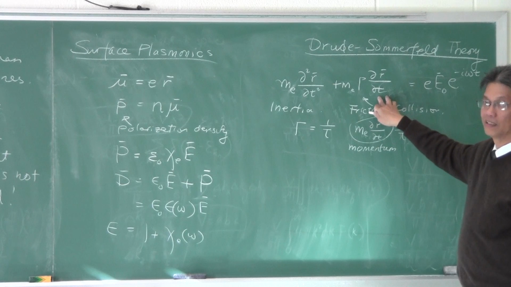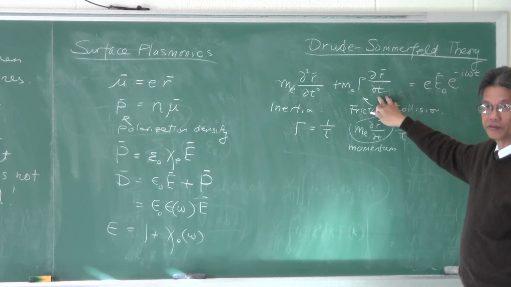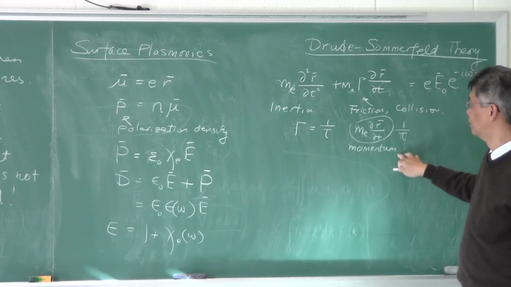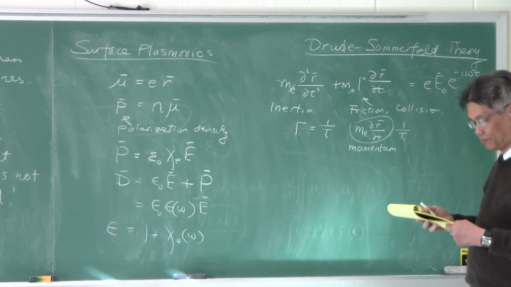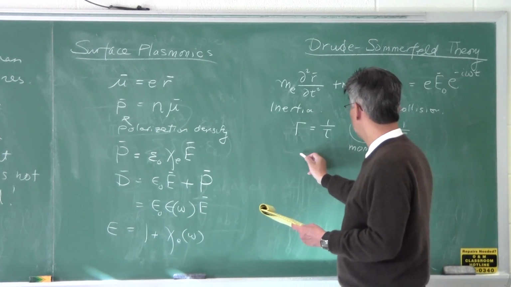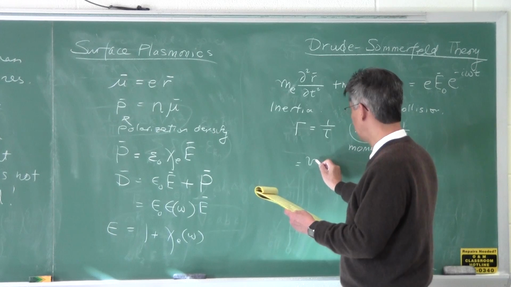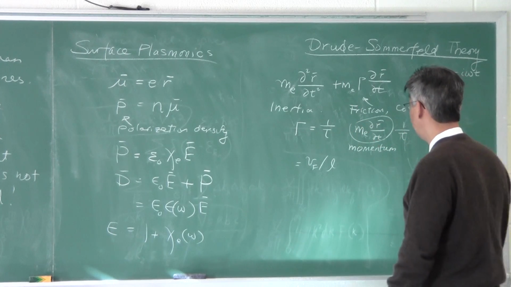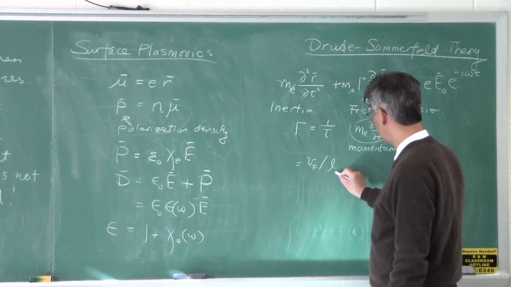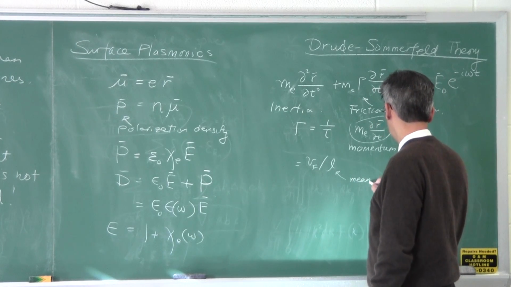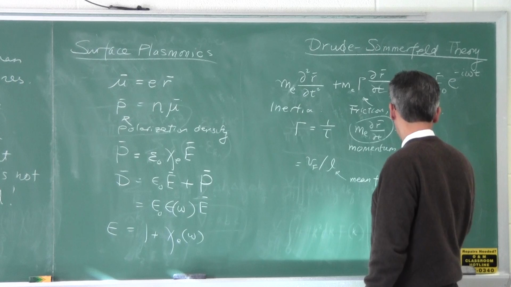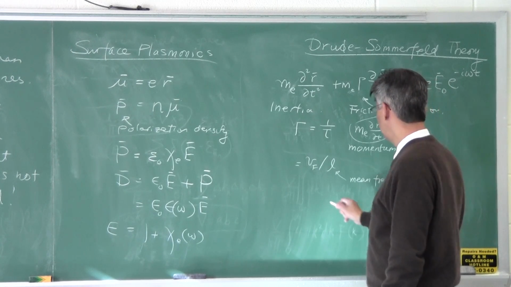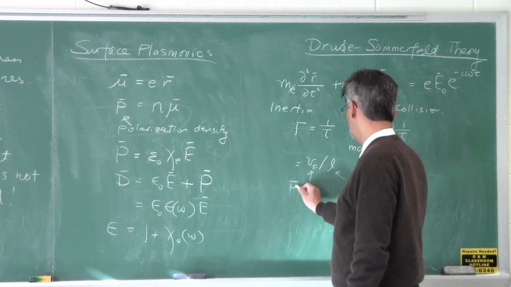So this is like kind of an average ohmic force due to the collision frequency. Okay, and this gamma is usually given to be some kind of a velocity divided by the mean free path. This is usually called the mean free path. And this is the Fermi velocity.